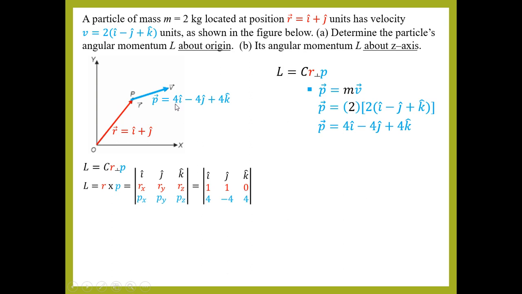And likewise, you can pull the same information out looking at the linear momentum vector. This is 4i minus 4j plus 4k. The coefficient in front of i is 4, the coefficient in front of j is a negative 4. Don't forget to include that negative sign. And the coefficient in front of k is just a 4. So that's where all these values are from, 4, negative 4, and 4.